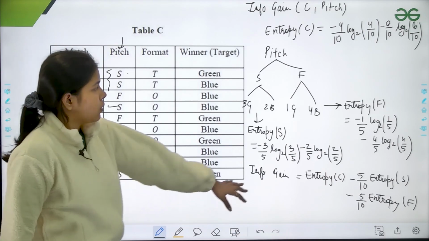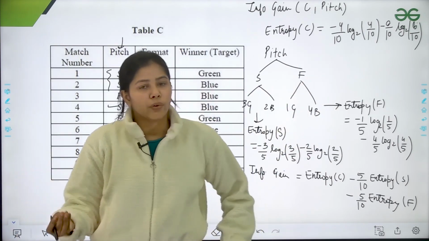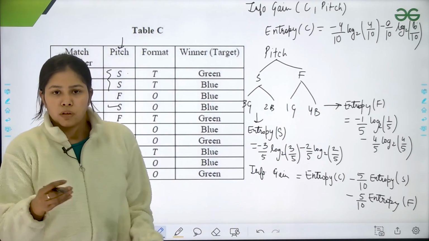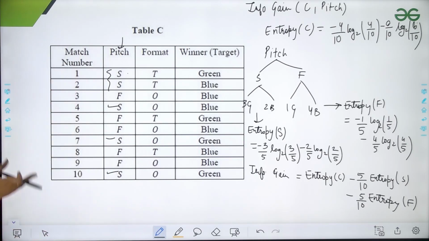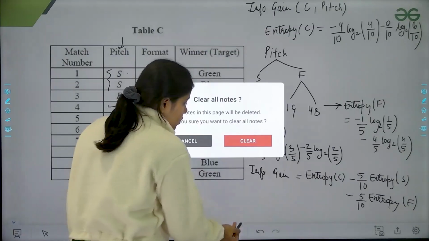Just solve this, do all the calculation, and you would get one answer. It would be something like 0.125, right? Okay, solve it.